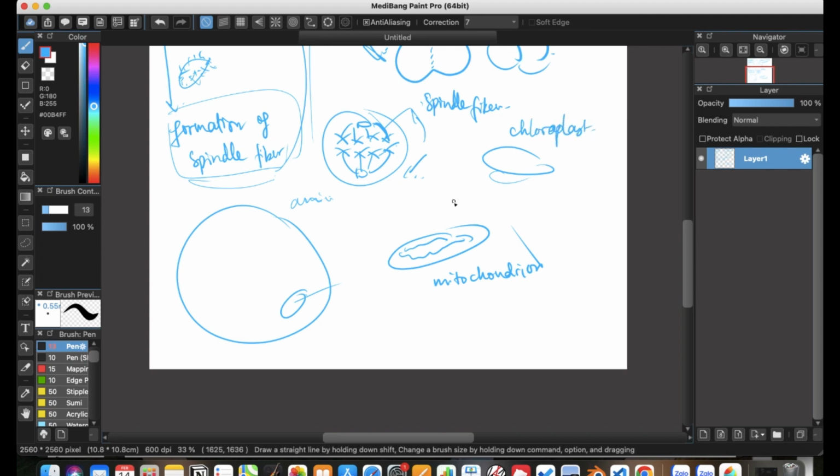These guys can actually be considered prokaryotes, right? Prokaryotic cells, and they just entered inside the animal cells. For these guys, it would be the plant cells, right, with an actual nucleus. So that is the theory of endosymbiosis.